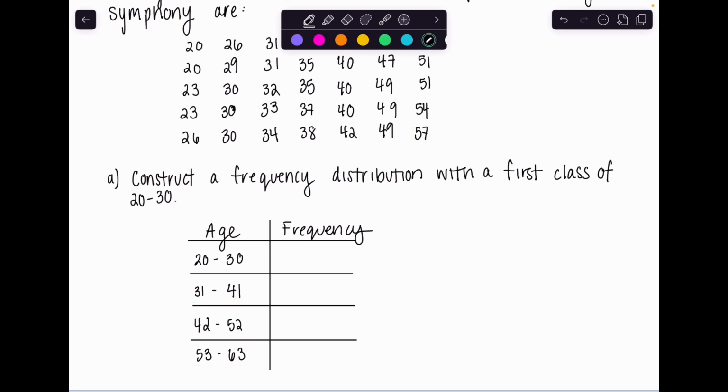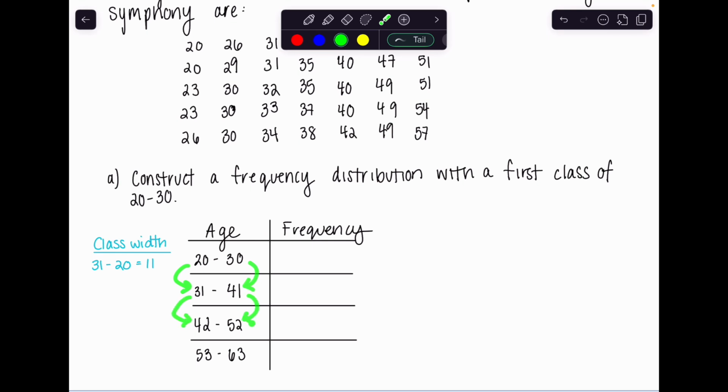The other way that you can go about this is, since your next group has to start at 31, you can look at the difference between these two, which is that class width. I'm going to find all the key pieces of information just so we get used to it. The class width in this case would be 31 minus 20, which is 11. The other way you can find this information is you add 11.